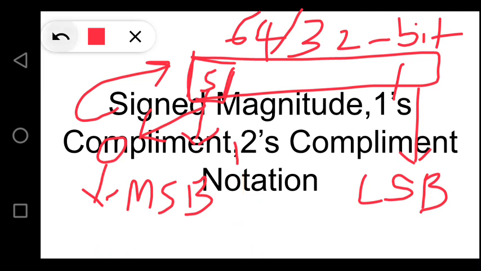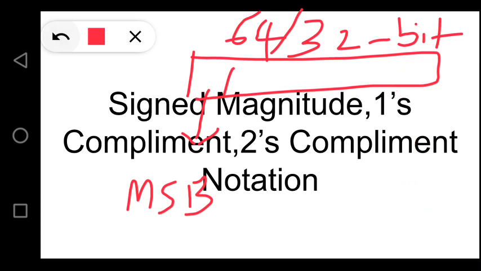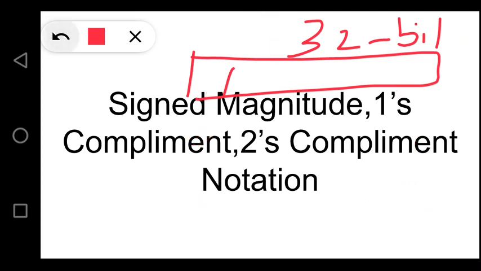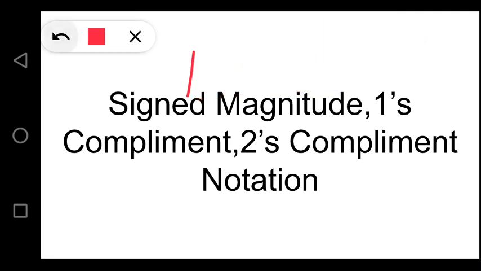So in case of signed magnitude representation, if I want to do operations like addition, subtraction, multiplication, division, but before we discuss that, I hope you remember there are some disadvantages with the signed magnitude representation.